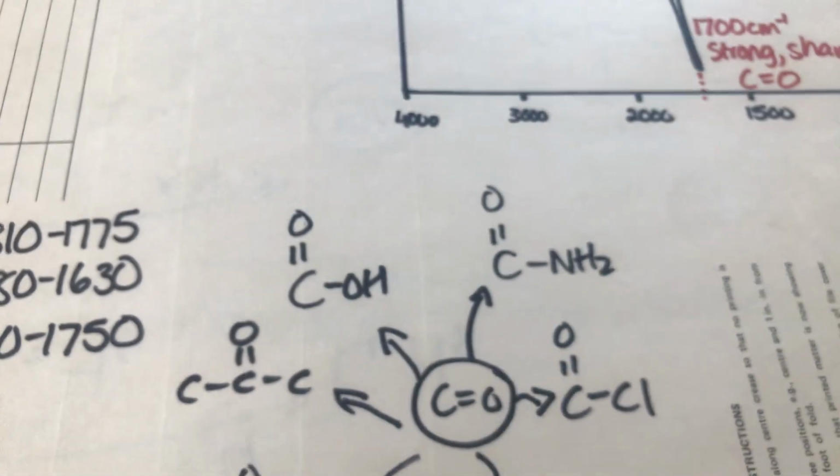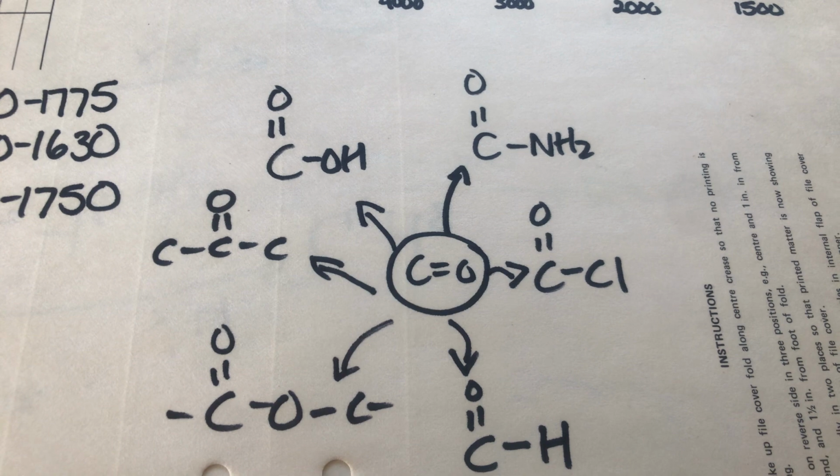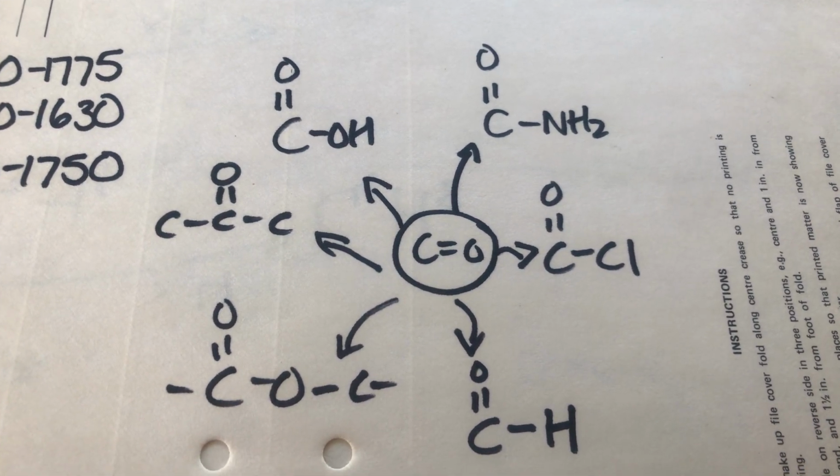If it is joined to an oxygen and another carbon chain, it's an ester. And if it's just a carbonyl group, but it's in the middle of the chain, it's a ketone. So what we have to do now is combine information to figure out which one of these 6 groups that all contain a C=O we actually have.